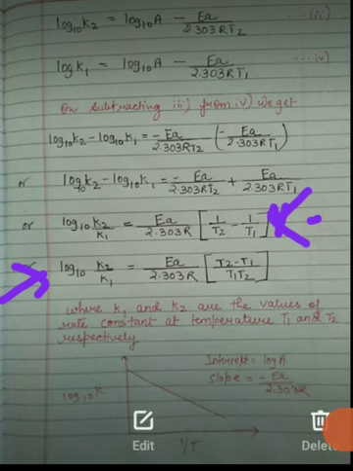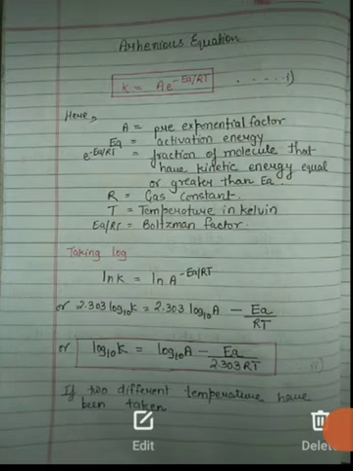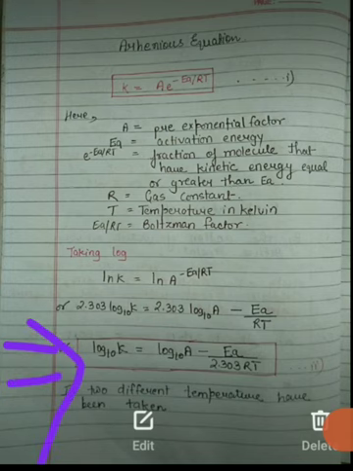Okay, now assume this expression, that is log10 k = log10 A - Ea/(2.303 RT). So students, this will be a straight line, a straight line equation, that is y = mx + c.